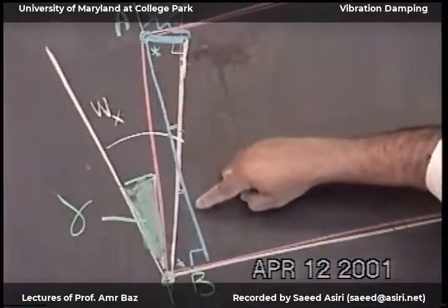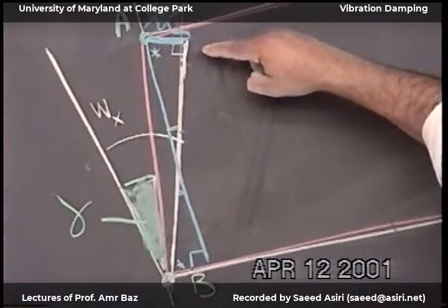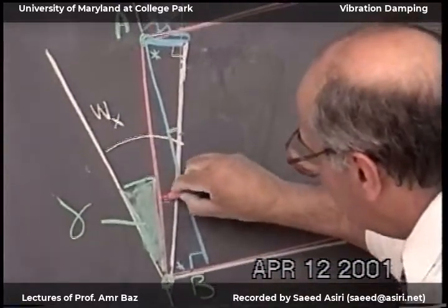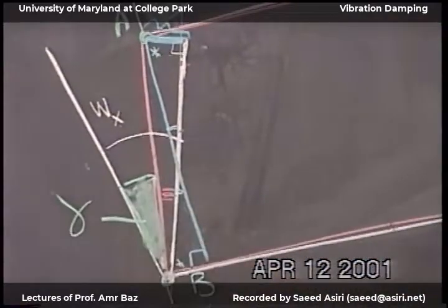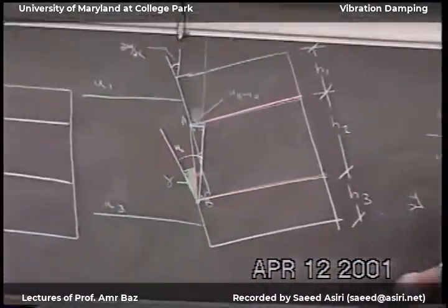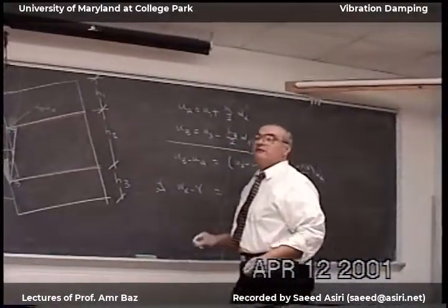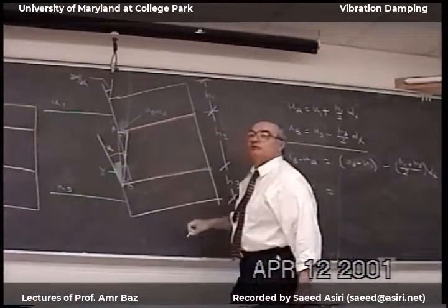So if this distance is H2, then this white distance is also H2. Then now, the little angle here is the difference between Wx and gamma. This little angle, I can write in terms of the tangent, UB minus UA over H2.